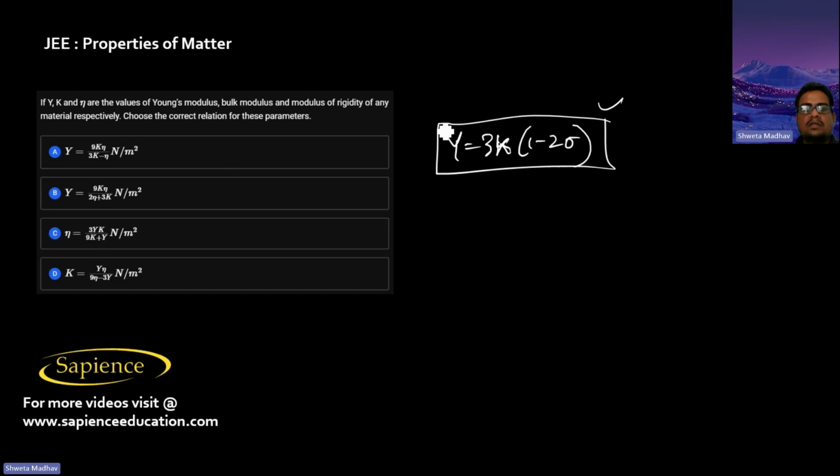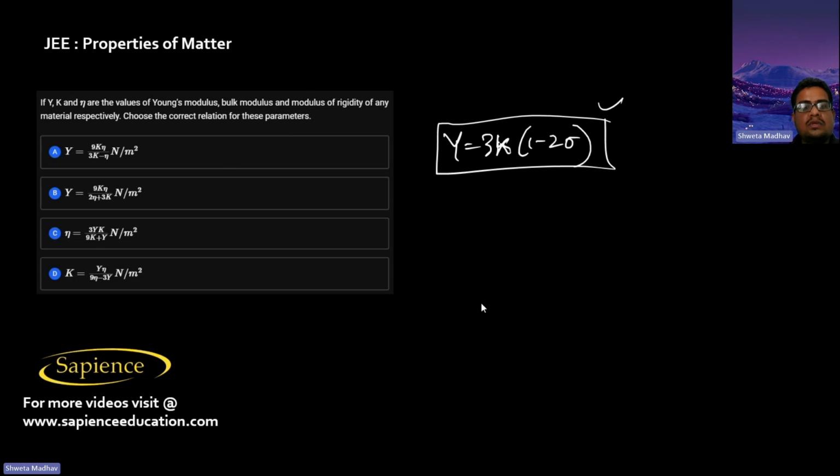The Young's modulus is equal to 3 times the bulk modulus into 1 minus 2 sigma. Sigma is called the Poisson's ratio.